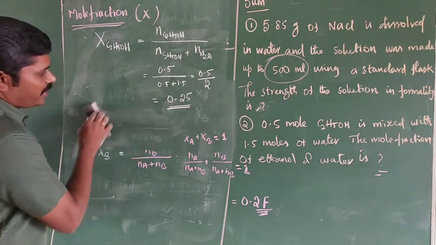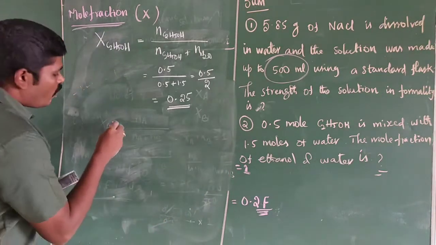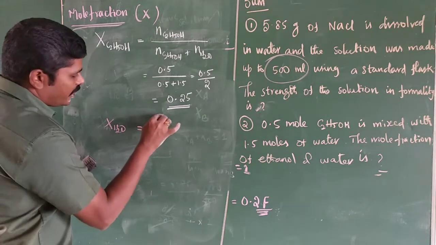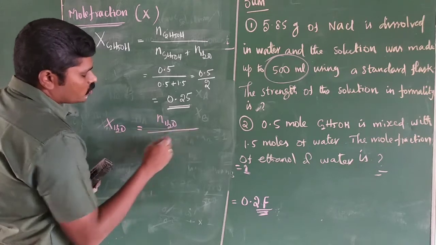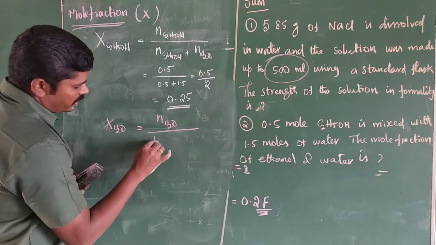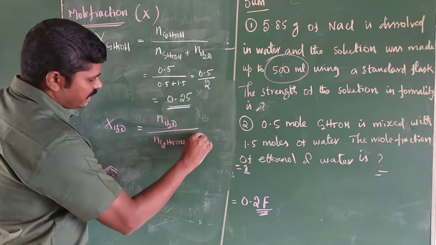So the mole fraction of ethanol is 0.25. The mole fraction of water, H2O, is equal to the number of moles of water divided by the total number of moles of solution, N ethanol plus N water.